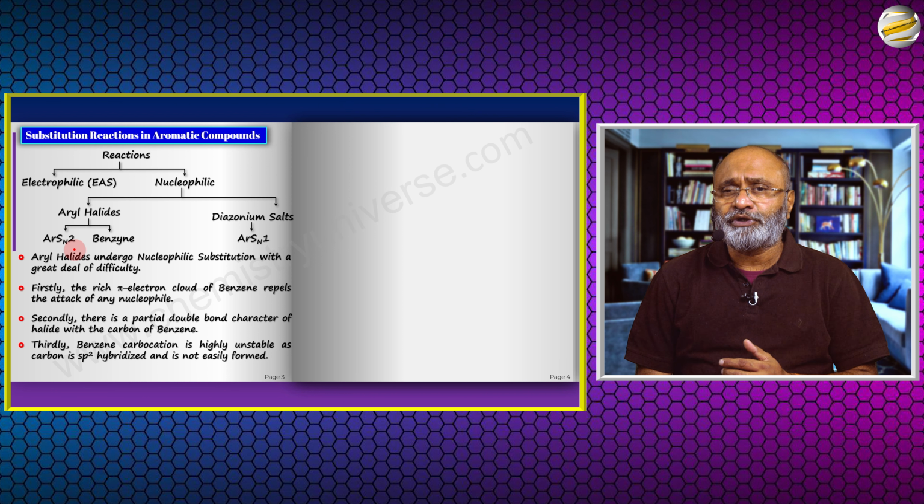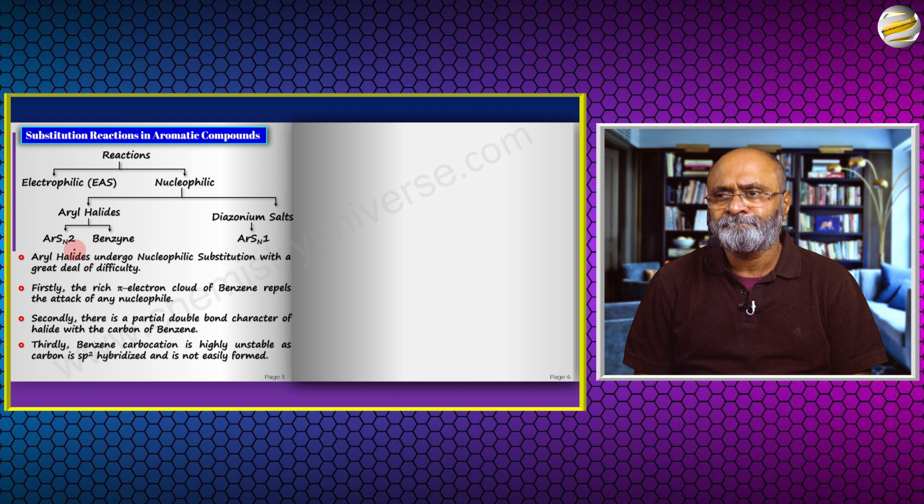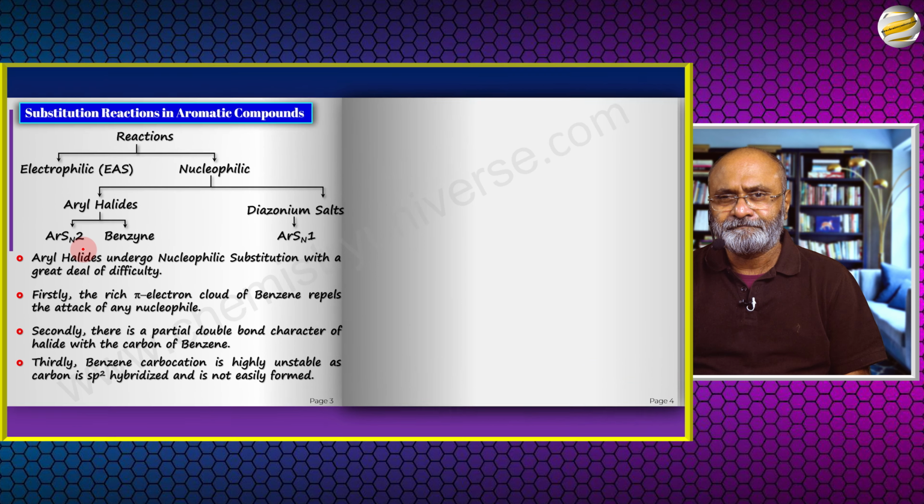The second thing you can do is use a strong nucleophile. Since the substrate is not very keen to undergo nucleophilic substitution, use a strong nucleophile. And thirdly, we can use vigorous conditions like high temperature and high pressure. So these will provide a conducive situation and environment for aryl halides to undergo nucleophilic substitution.